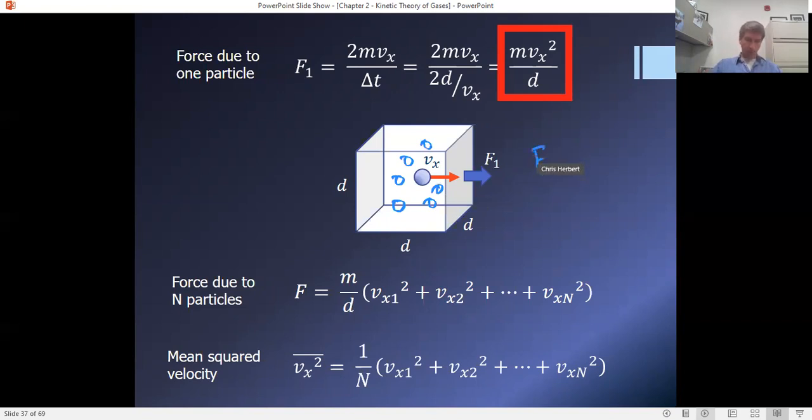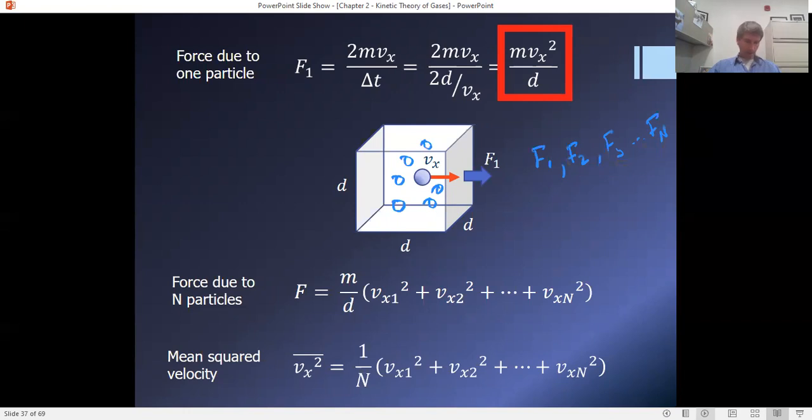So F1 represented the force due to one particle, but maybe you'll have a second particle, third particle, all the way up to Fn, for n number of molecules that are trapped inside this box.